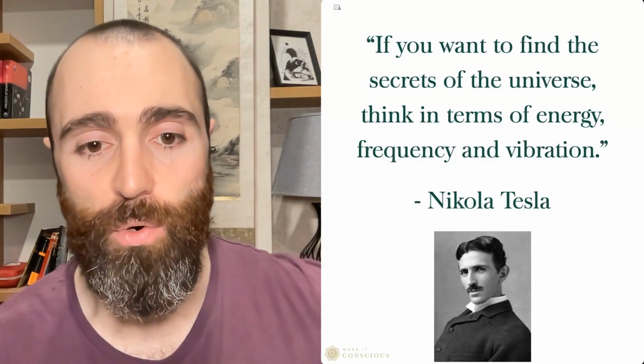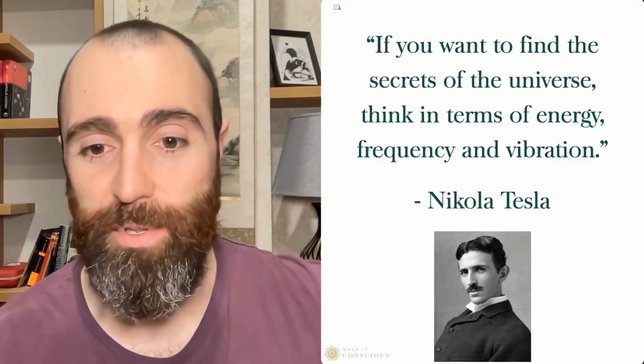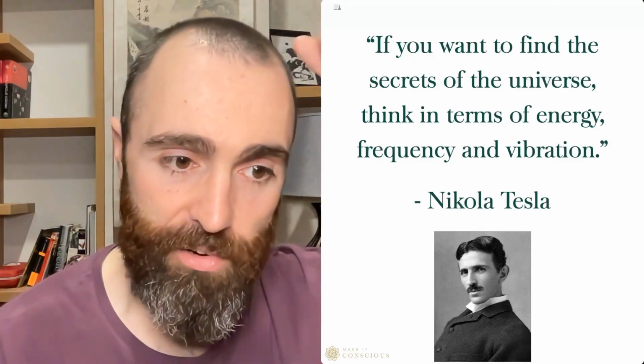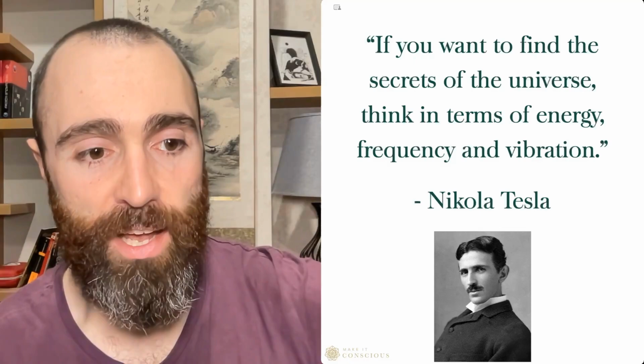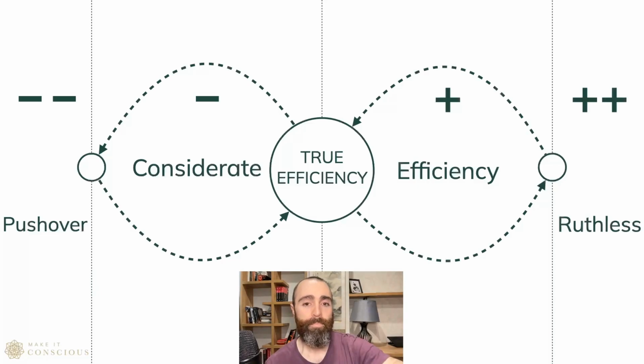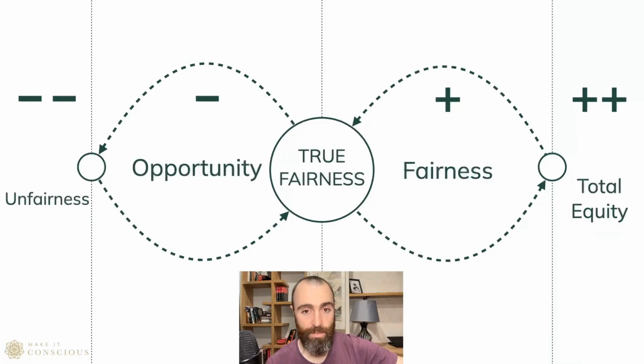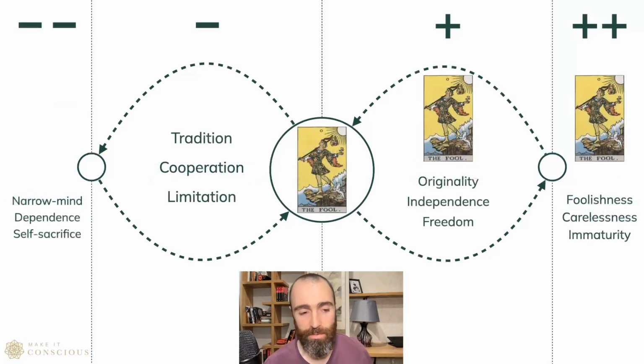So then quality, of course, is like the flavor that we show up as. This is implicit in everything I've been saying to this point in this series. Every one of these examples I've shared, whether it's kindness, whether it's efficiency, whether it's discipline, whether it's fairness, whether it's something like a tarot card, these are all like different qualities, different flavors, different modes, different formats of energy.